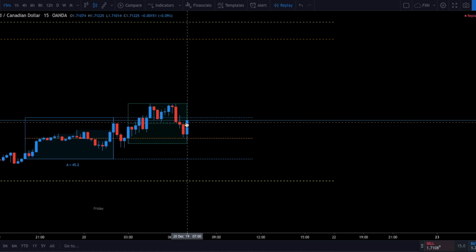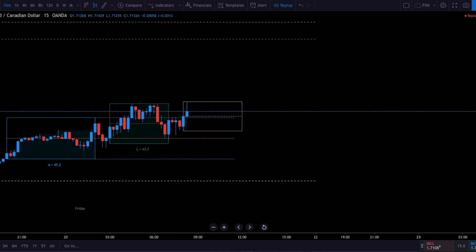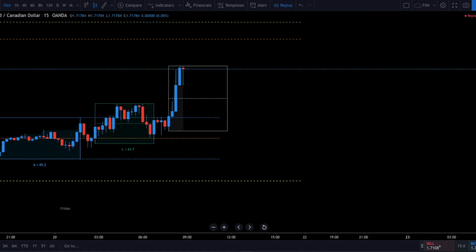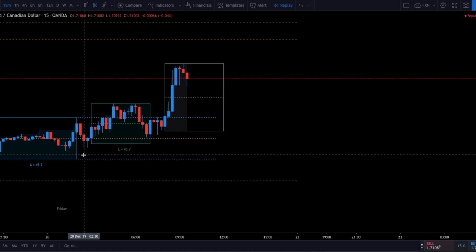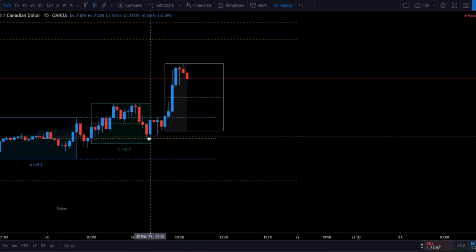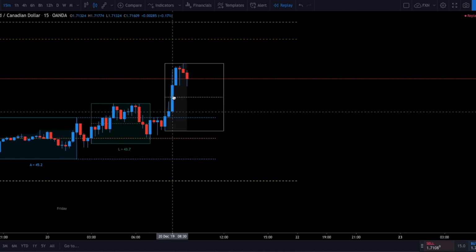We get rejected, right? And as soon as we get rejected, look. You see that? That is a type 3 setup. You see how when we get to the middle of the range, we get rejected, and we immediately go up.